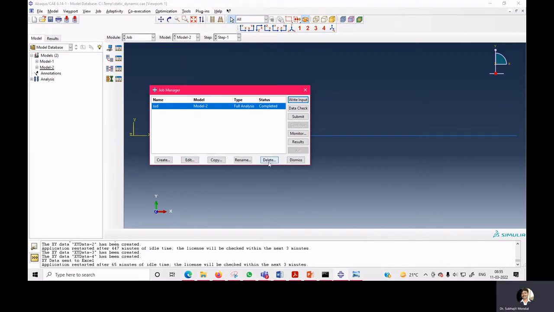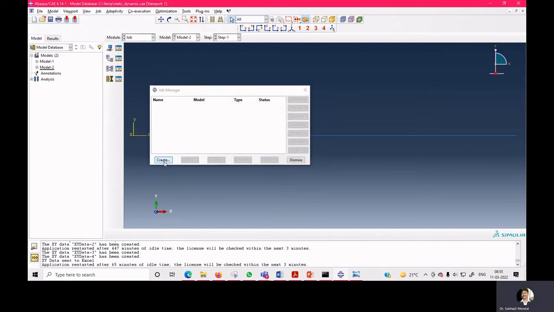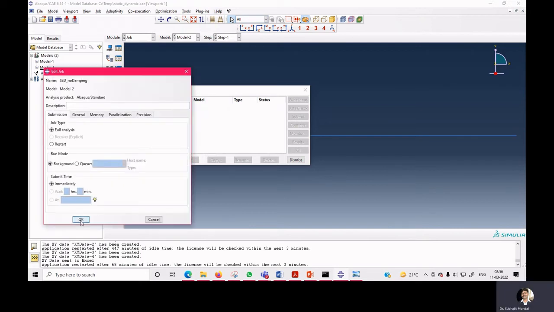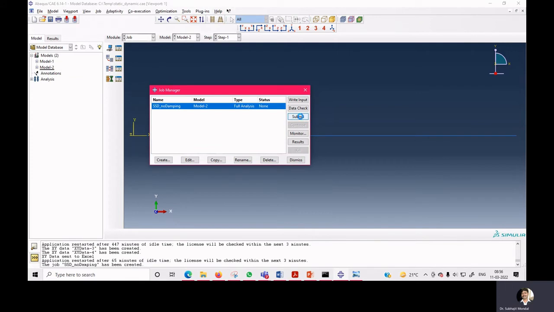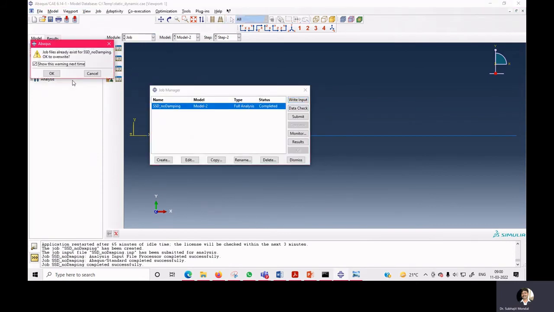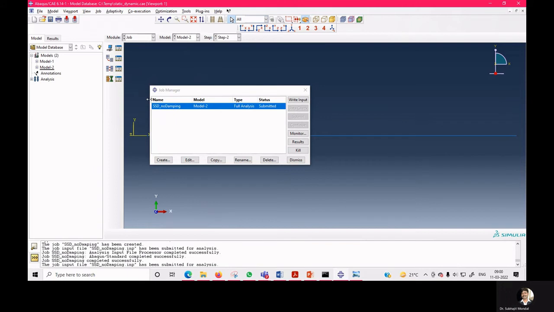Now we are going to submit the job, that is steady state dynamics, no damping. So we are submitting the job where there is no damping.